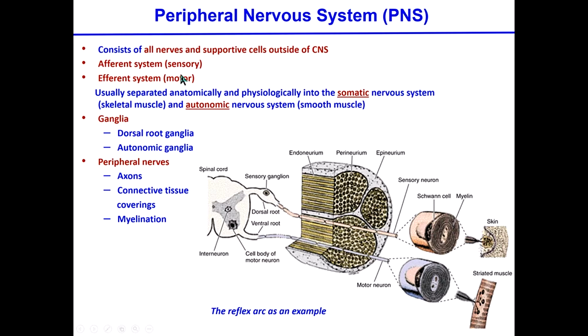These are the afferent system nerve connections. Then the efferent, I remember the E as in exit, are the ones that go from the central nervous system to wherever they have to perform a function. Those are considered motor, because this is the fundamental type that allows us to move our bones and move around and do our push-ups if we ever do them.